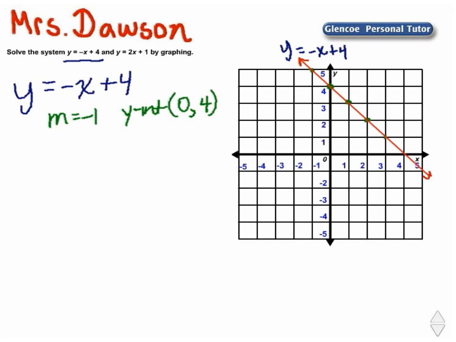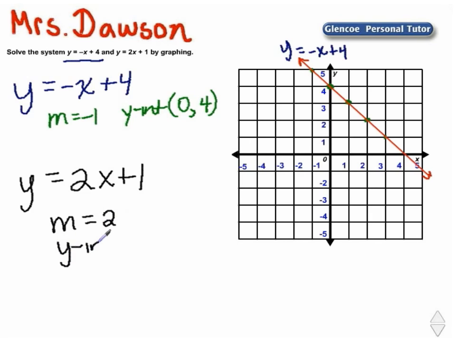The other line, y equals 2x plus 1. The slope is 2, and the y-intercept is located at 0, 1. So we'll begin by plotting the point at the y-intercept, 0, 1, and then moving according to the slope. Up 2, right 1.